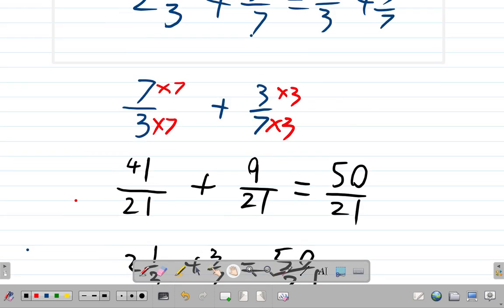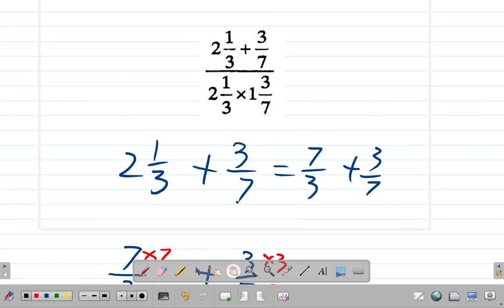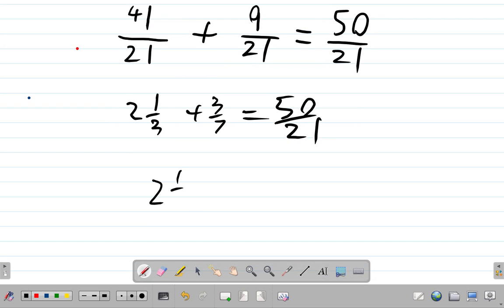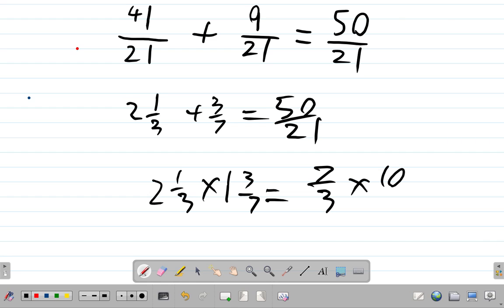Now, this down here is 2 1/3 times 1 3/7. So we have 2 1/3 times 1 3/7, which is the same as 7/3 multiplied by 10/7.